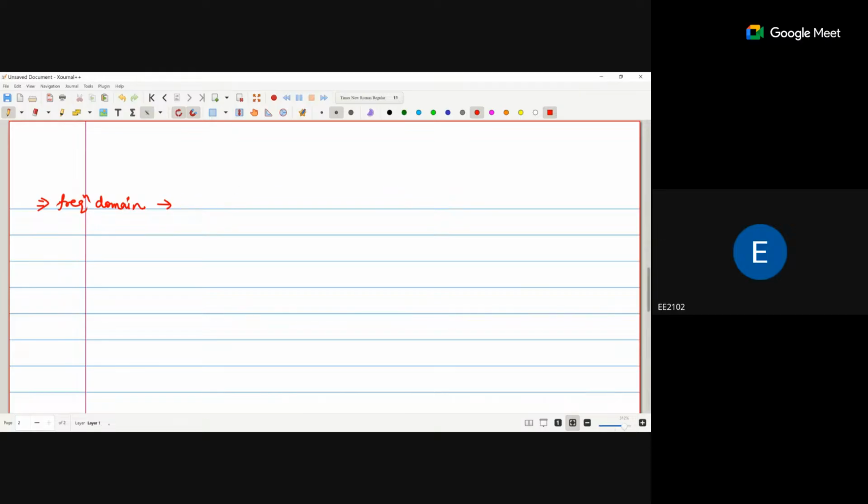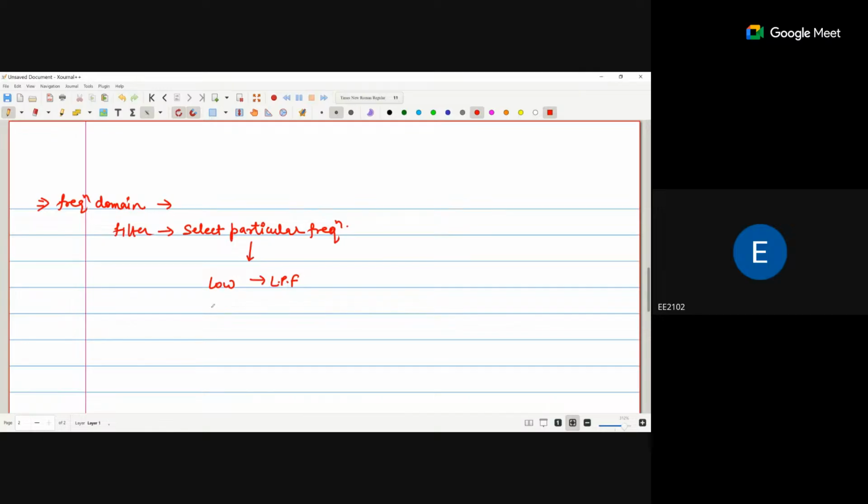The basic requirement of the filter is to select a particular frequency. If we want to pass a low frequency, we require a low pass filter.